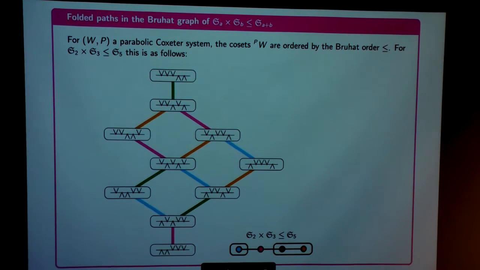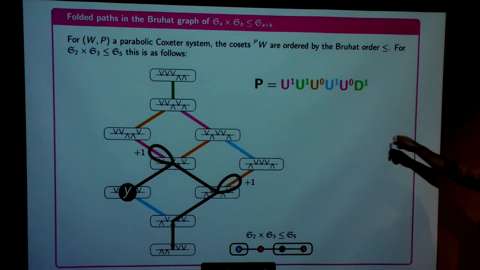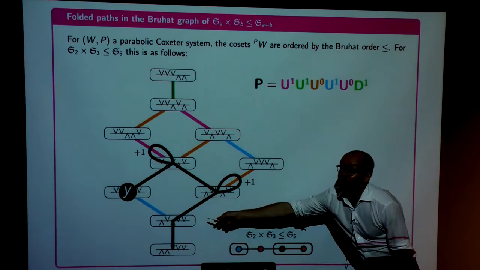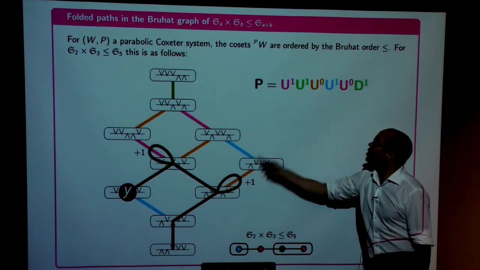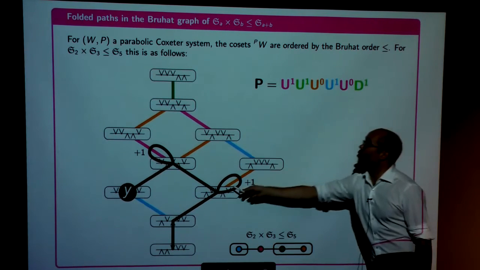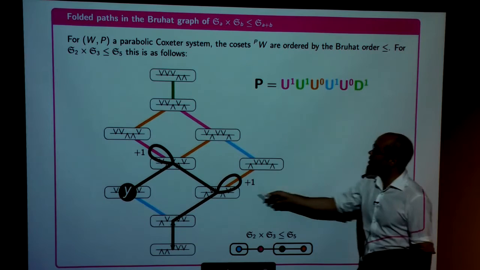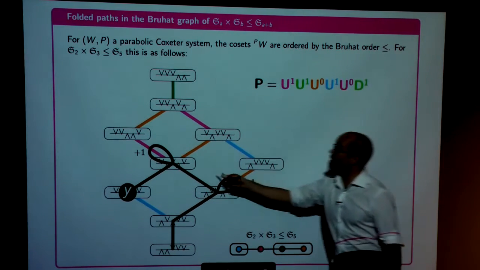So I'm now going to take the same color sequence, pink, green, orange, blue, pink, green, to terminate at a different point. And okay, I write again. So I went up pink, and I really did go up. I went up green, I really went up. Orange, I failed to go up. So I say up 0. Wanted to go up, but didn't. Then I did go up blue. I didn't go up pink.